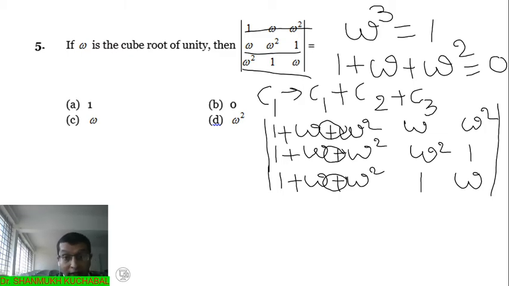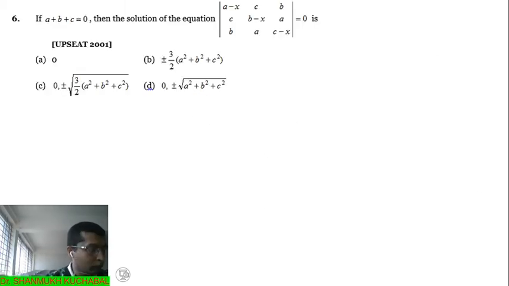We have already studied this as a property: in a determinant, if any one row or column is 0, the value of the determinant is 0. Therefore the value of this determinant is equal to 0. Therefore B is the right option. So we move to the next example.